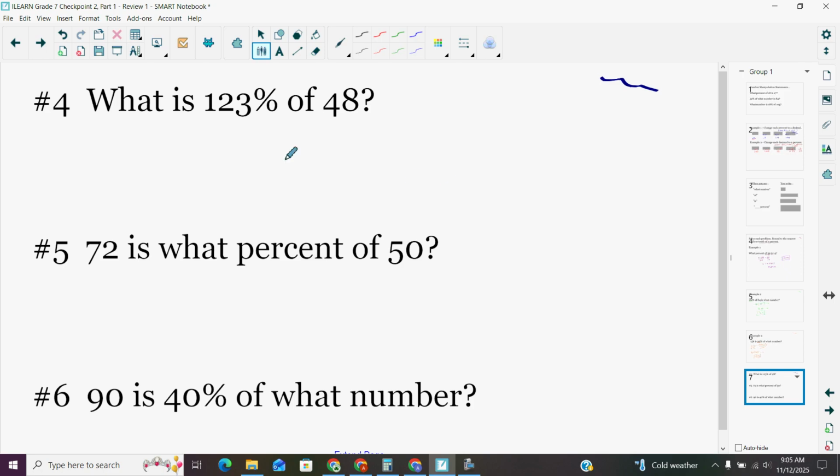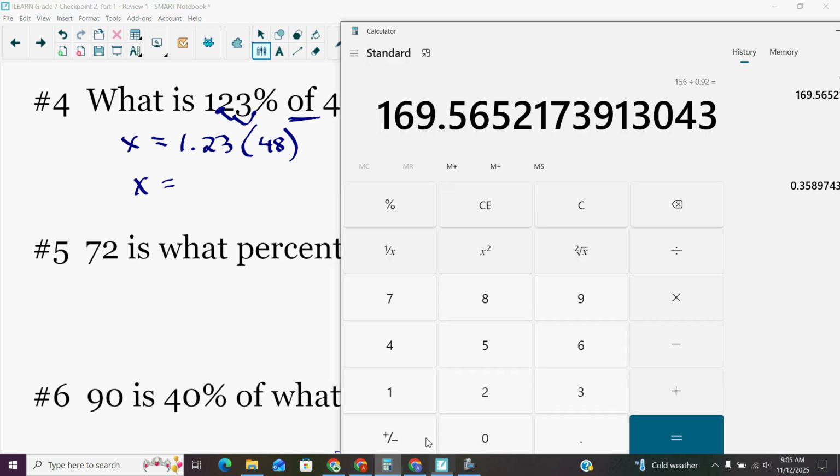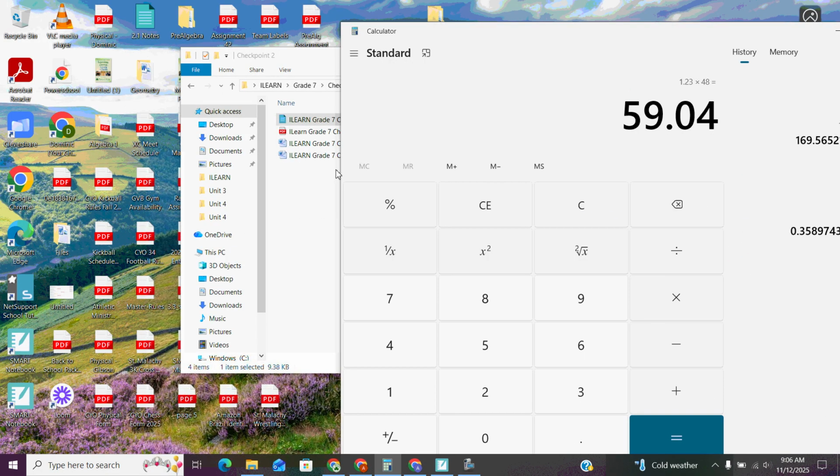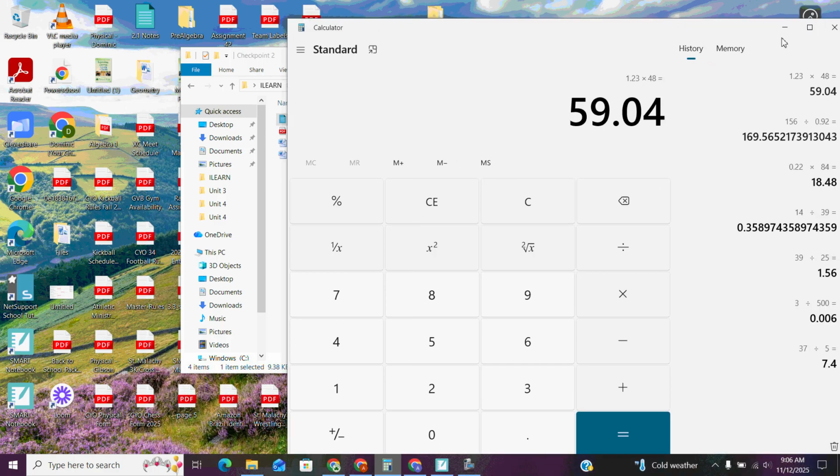So number 4, what x equals. 123% as a decimal is 1.23. Of, I put times 48. 1.23 times 48 is 59.04.